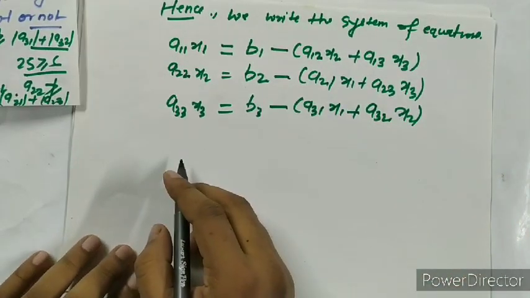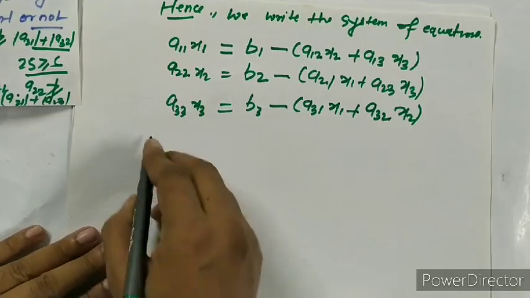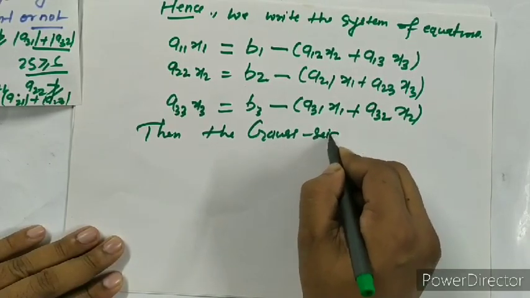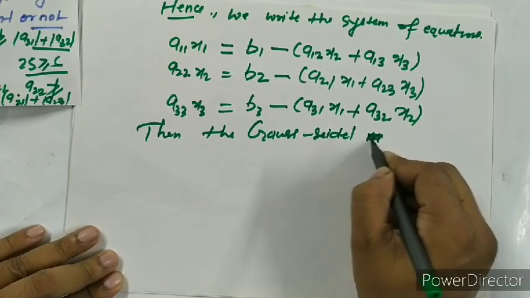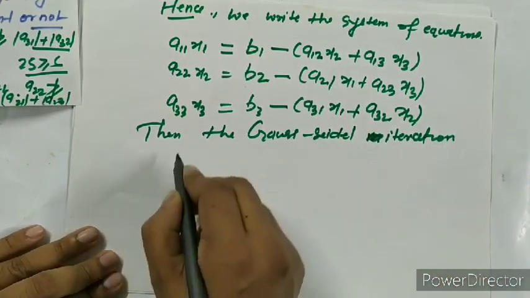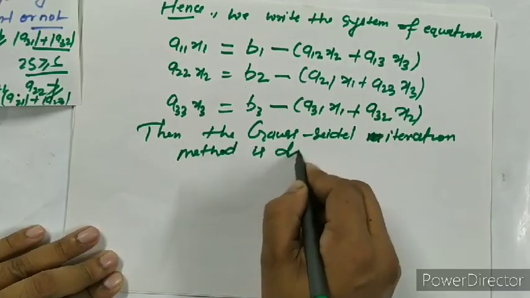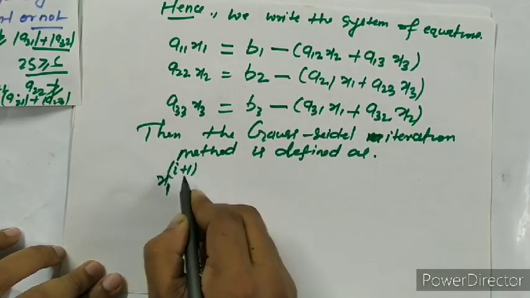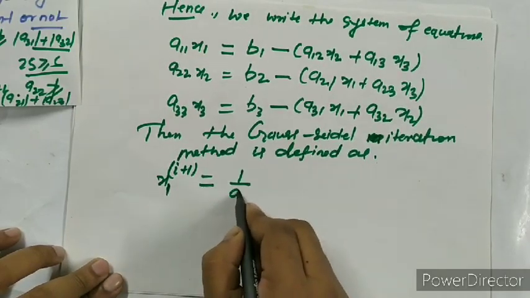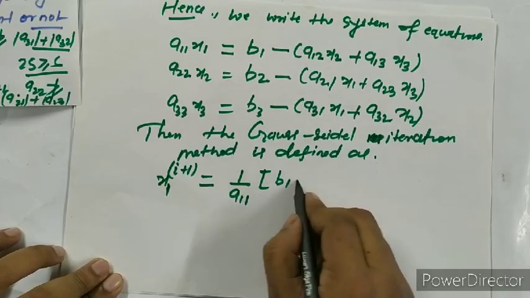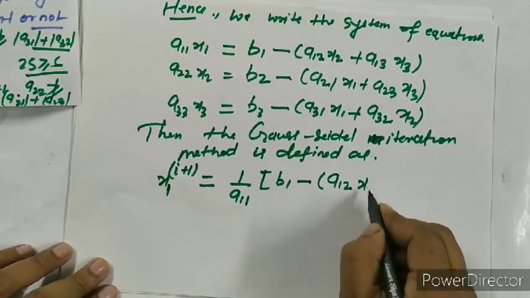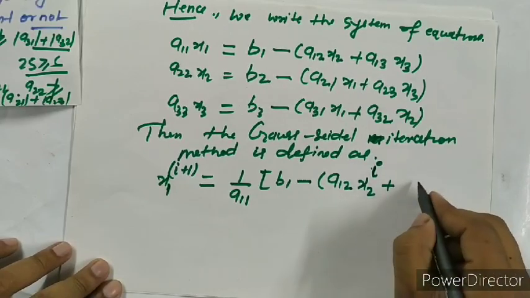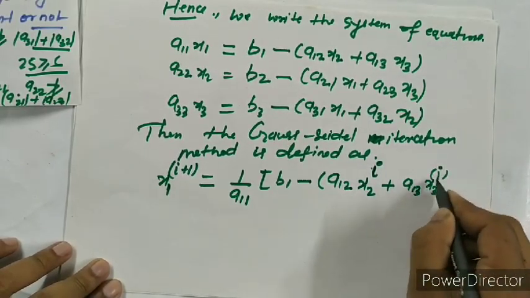Then the Gauss-Seidel iteration method is defined as follows. x1 at the (i+1)th iteration is equal to 1 by A11 times (B1 minus A12 x2 at i plus A13 x3 at i).